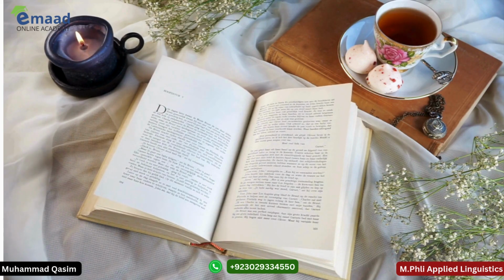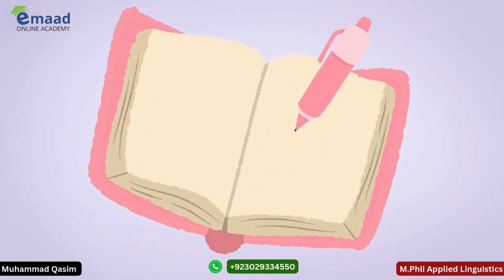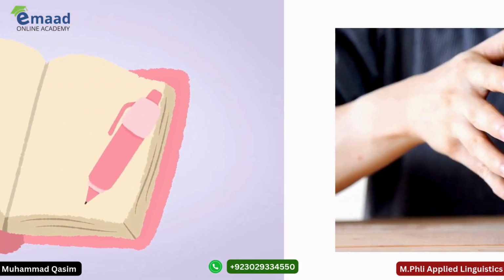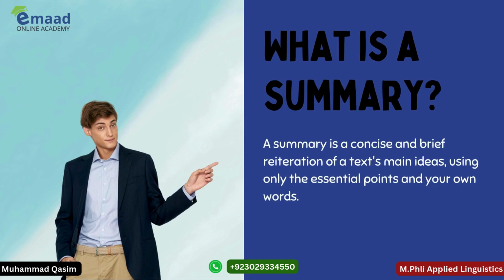A summary is a concise and brief reiteration of a text's main ideas, using only the essential points in your own words. So you just have to get the main points of the text and put them into your own words. But in O Level English and in IGCSE English as first language, this summary task is not just about having the main points of the reading text, or having an overall view or just the gist of the text that you can get through skimming as well.